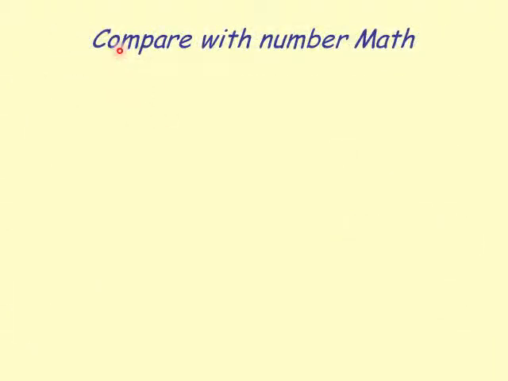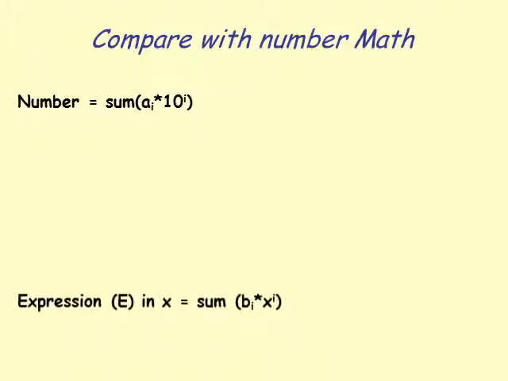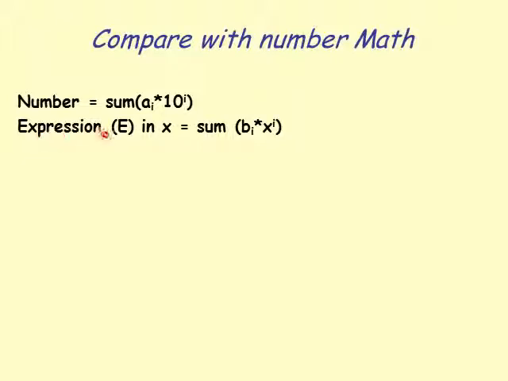Let's try to compare that with number math. Okay. In the decimal number system, a number is given by a linear combination of powers of 10. This is the power of 10. This is my linear combination coefficient of the ith power of 10. Okay, let's continue. An algebraic expression E in x is given by a linear combination of powers of x.